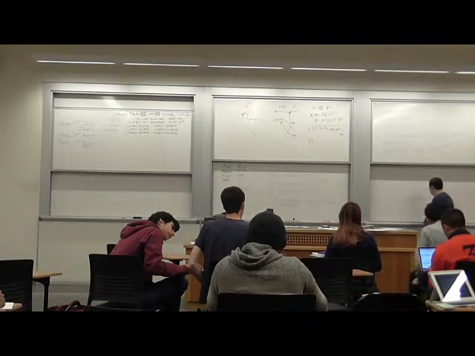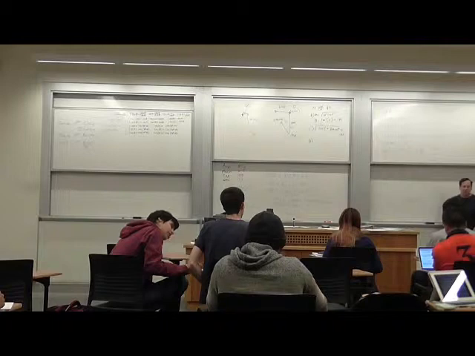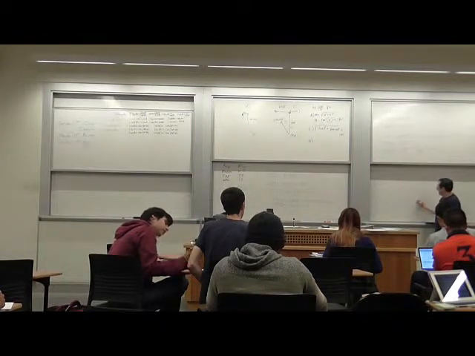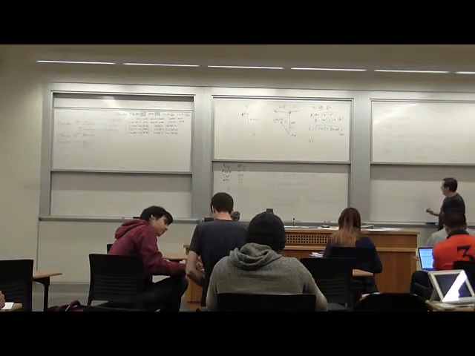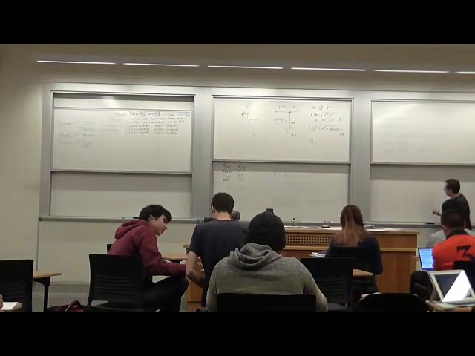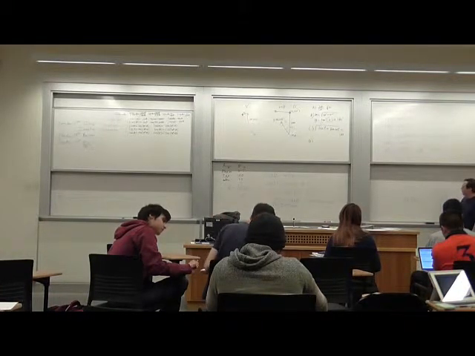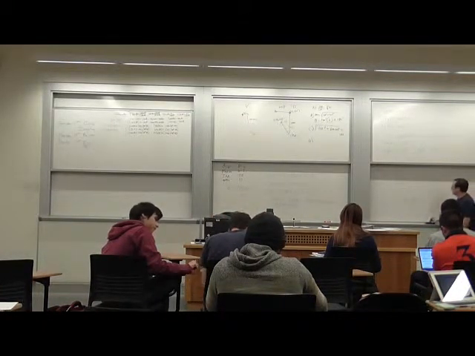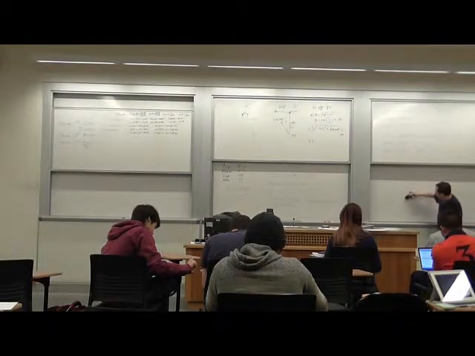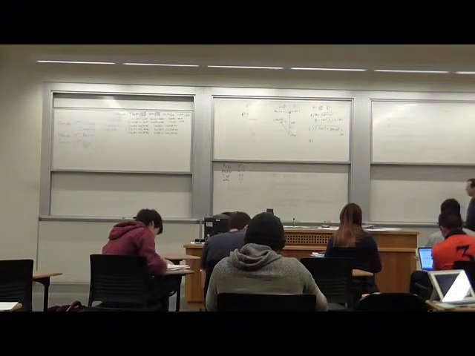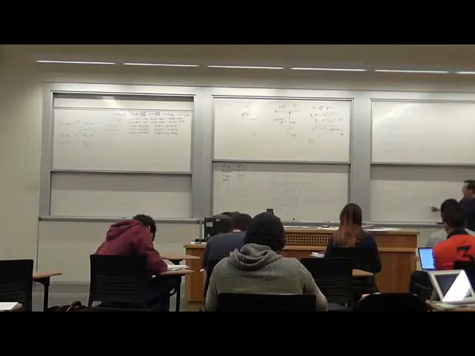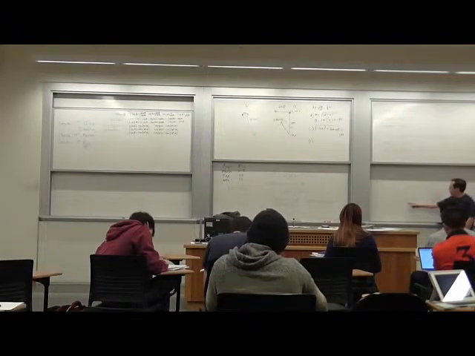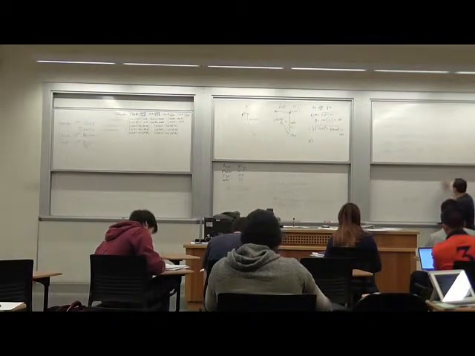Extraneous root problem. So we say x equals the square root of 6 minus x. So we say, all right, we're going to solve this by squaring both sides, right?